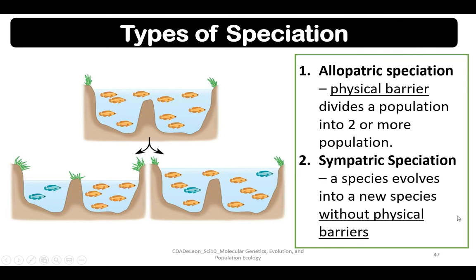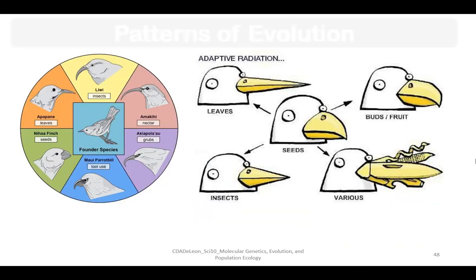The second type is sympatric speciation, where a species evolves into a new species without physical barriers. So the difference between the two is the presence of physical barriers and without physical barriers.